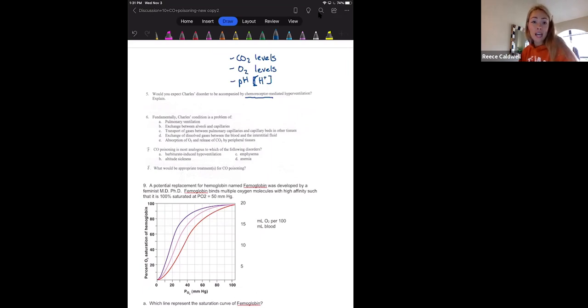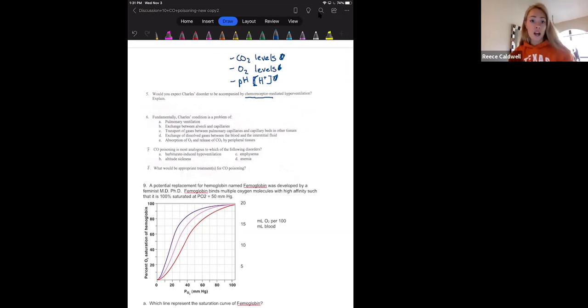Let's say you're working out really hard and the hydrogen ions are increasing in your muscles and your oxygen levels are dropping because you're holding your breath, and your carbon dioxide levels are going up. Your body's natural response is to make you breathe a lot harder. That's why when you exercise, like run, you start to breathe really hard, because those chemoreceptors are picking up on these three things.